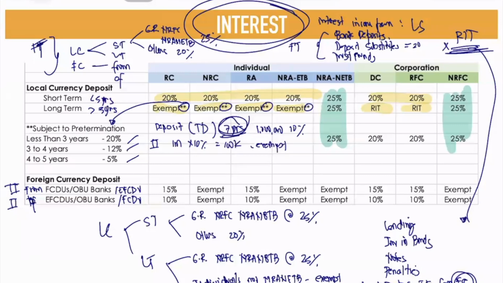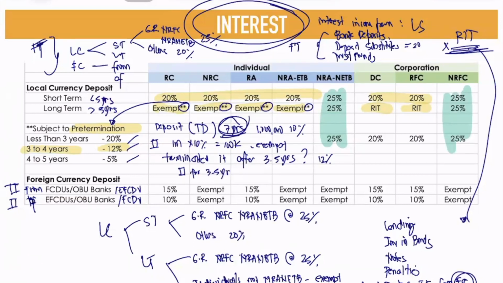But what if you terminated it after 3.5 years? We said here that if there is a pre-termination and the pre-termination is in between 3 to 4 years, you subject it to tax at 12%. So we get the total interest income for 3.5 years.